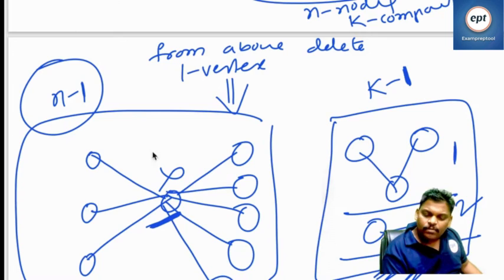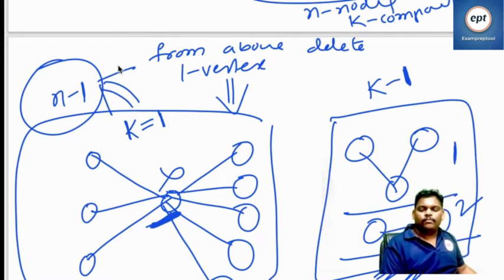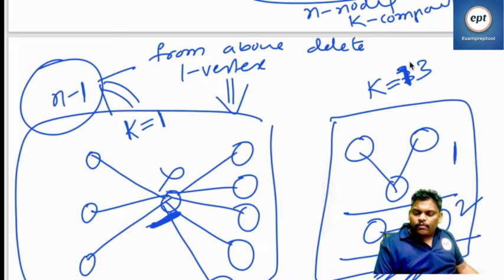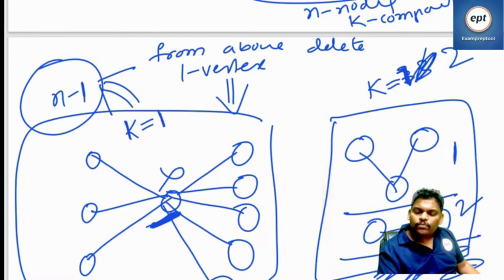Previously one component there, k is 1. But when you delete this node, it became n minus 1. Previously k value 3. When you delete this node, it became 2.